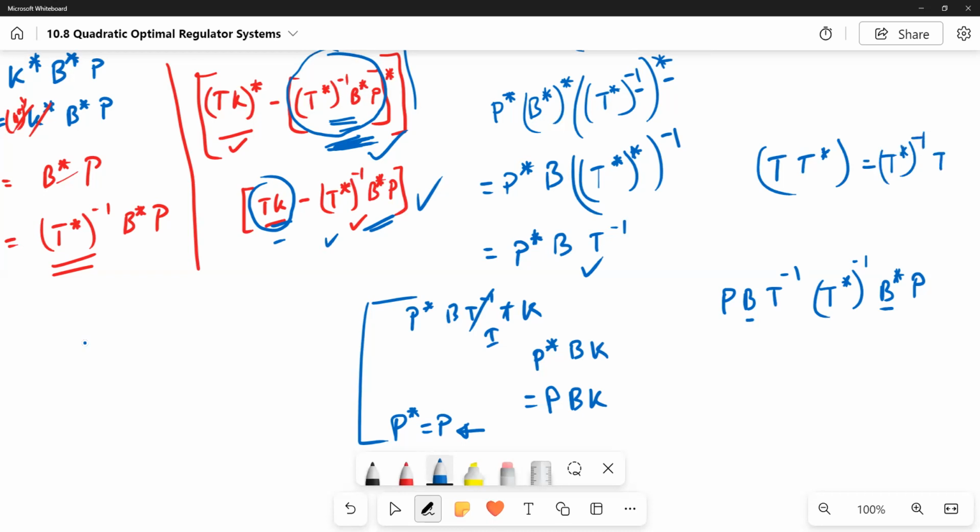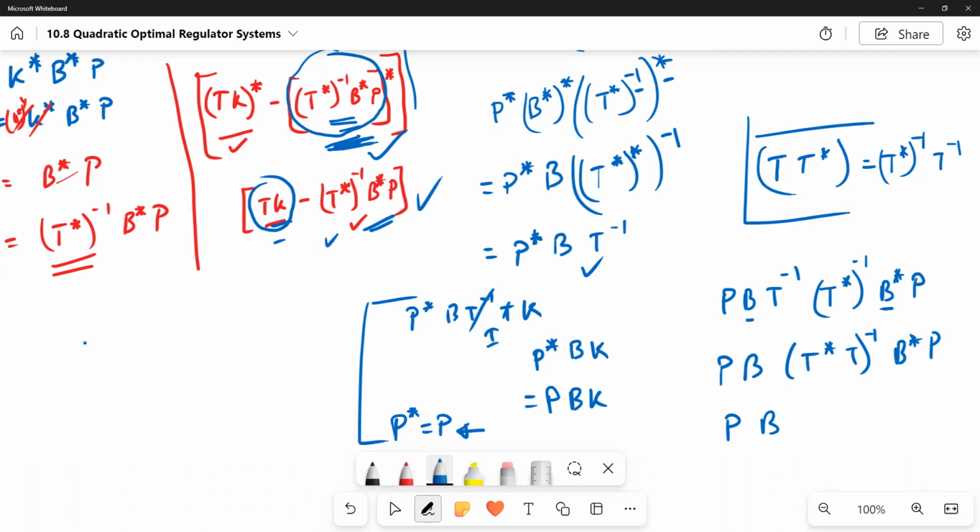The order will simply be changed, T inverse, something like this. So what you can do here, you can take common in the reverse order. So it will be P B, T transpose reverse order inverse B star. Simply you can write P B, and T transpose T is nothing but R. So R inverse B star P.